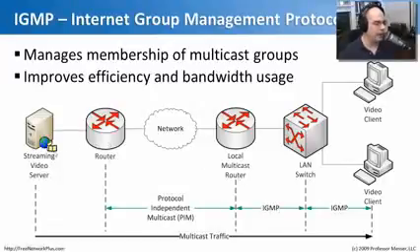And what I've done is create a little map of this to give us a feel of how IGMP is used. This is an example where on one side of the network, on the internet, I have a streaming video server. This is a very common use of IGMP and how it's used. And on the other side, I have these client machines that would love to be able to watch those videos.